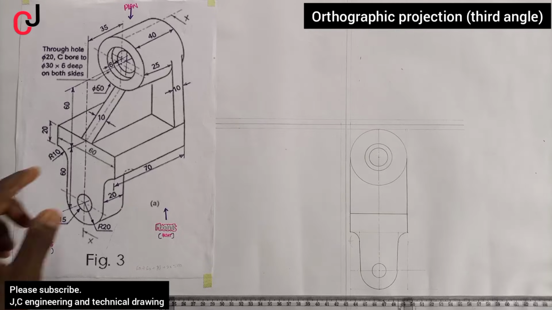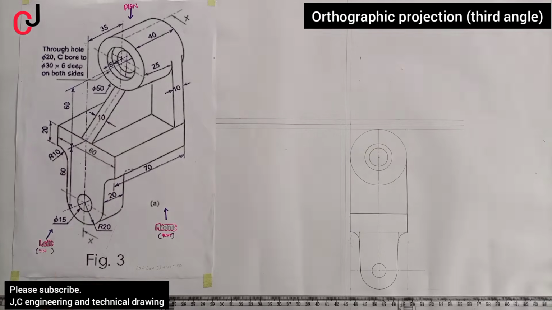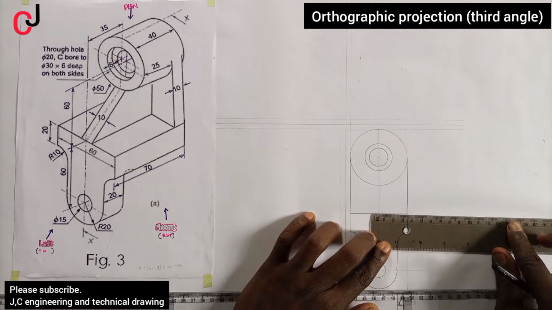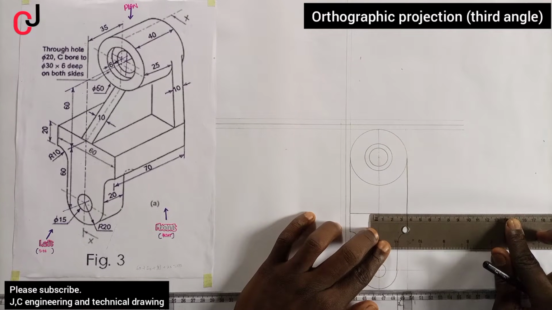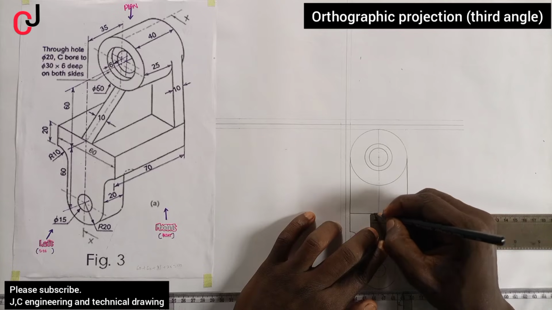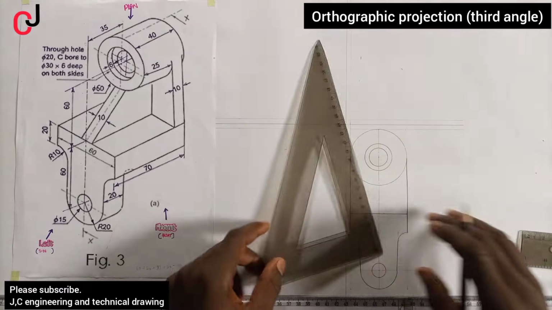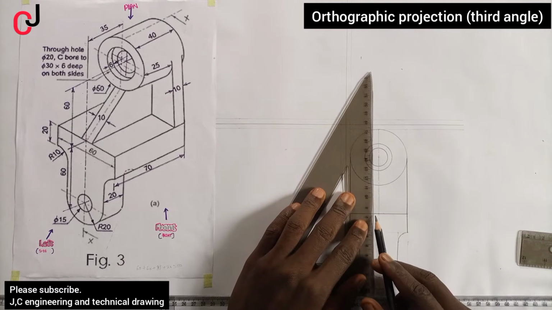Now the next thing is you can see this, which is 10 millimeter. So you measure 5 millimeter to my left, 5 millimeter to my right, 5 millimeter to my left, 5 millimeter to my right. Then you project upward with an outline.